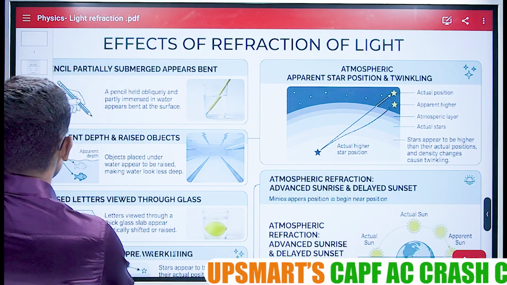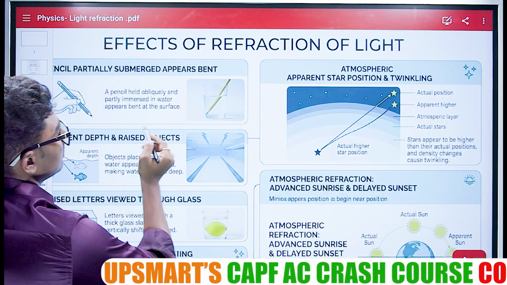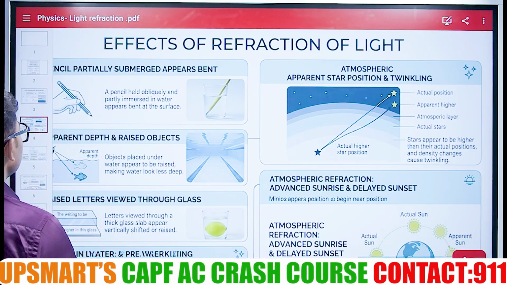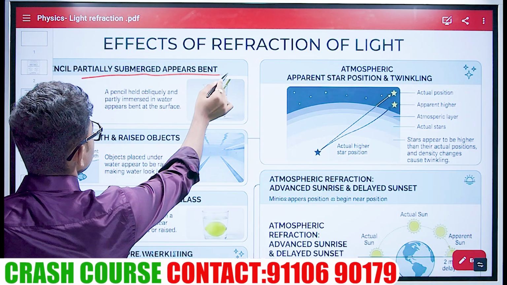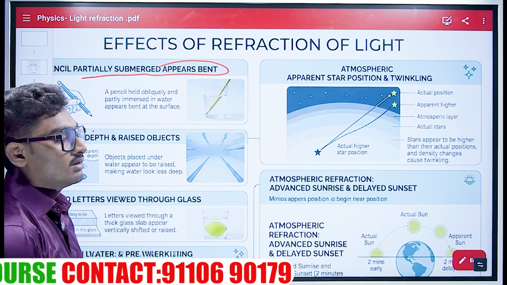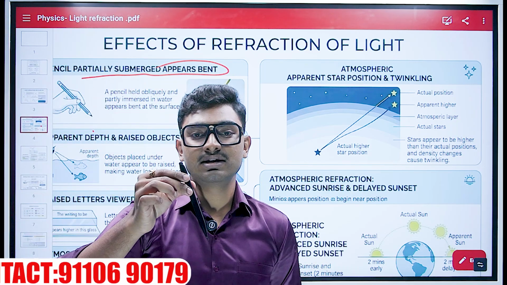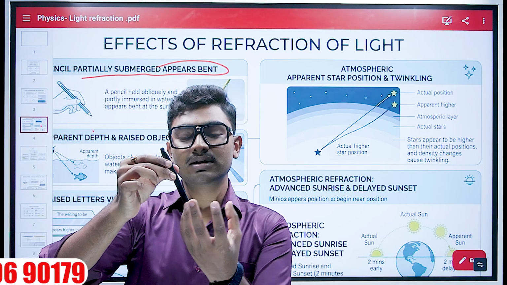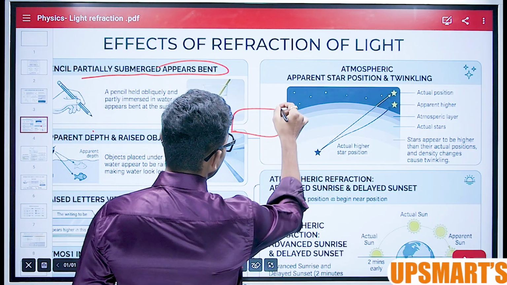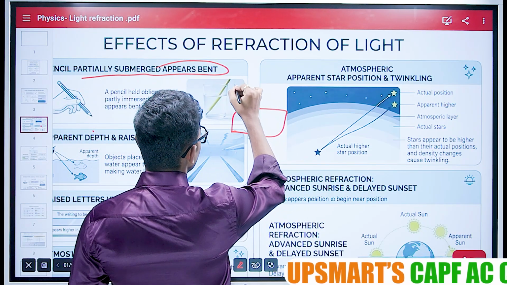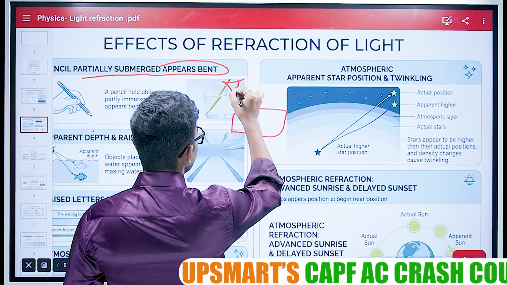Next we'll see the effects of the refraction of light. What are the effects? The pencil partially appears bent. When we insert an object into the water, here this is the beaker, and from this point we are seeing.